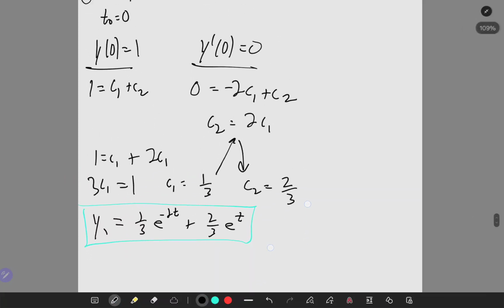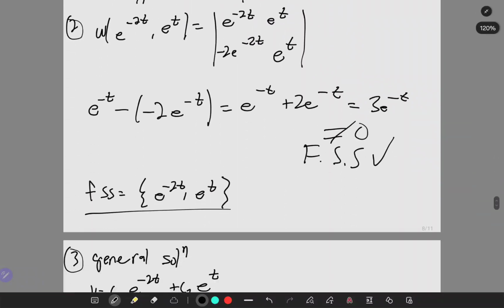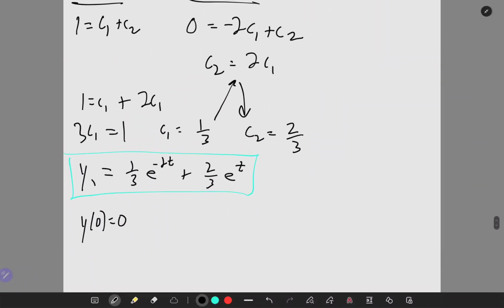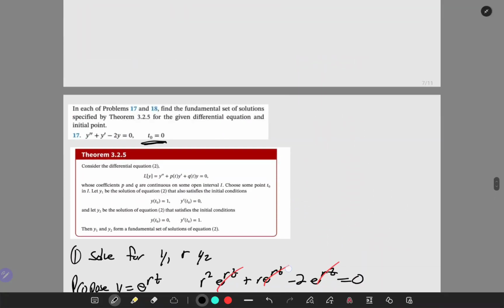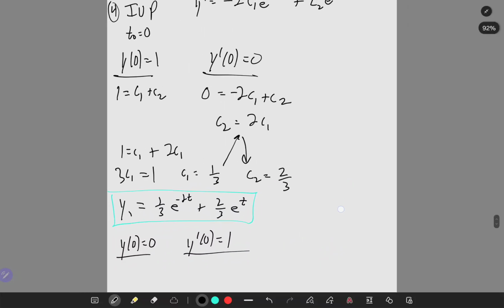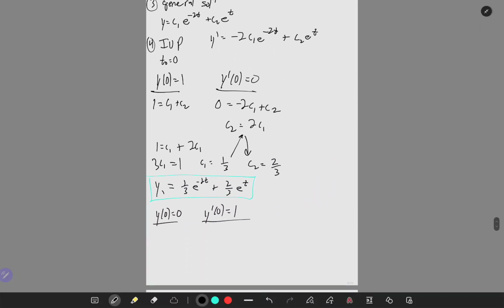In the next one, we need to use our other initial conditions. So now we look over here, we have y of 0 is equal to 0. So we just flip what's on the right side there. And then we have y prime of 0 is equal to 1. So for these cases, we have 0 is equal to c1 plus c2.